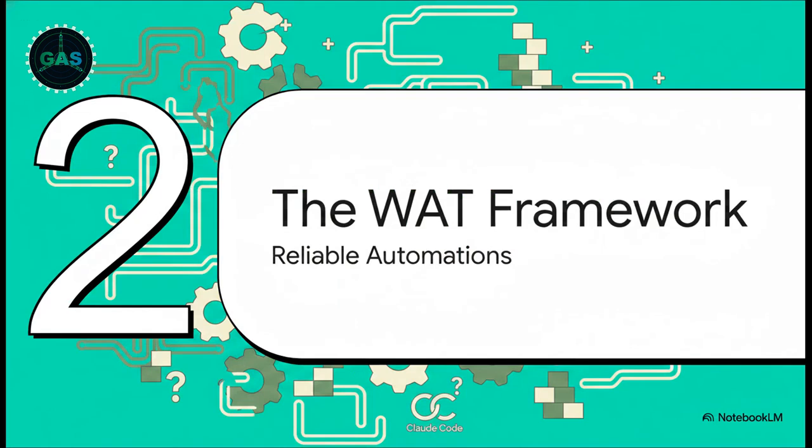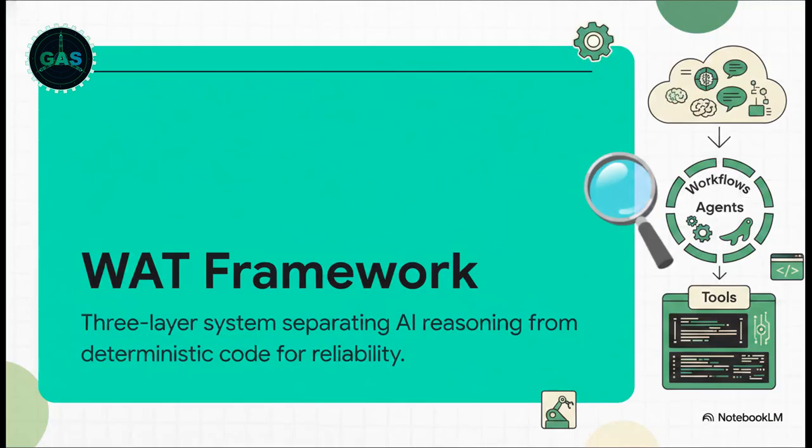Section 2. The Watt Automation Framework. Okay, so let's discuss the fundamental system that actually makes these automations reliable and ready for business. Because if you've ever used AI, you know that sometimes it gets a little creative. And in business automation, creative usually just translates to broken. So the absolute crucial point here is understanding the Watt framework.